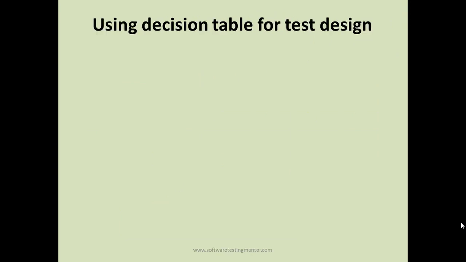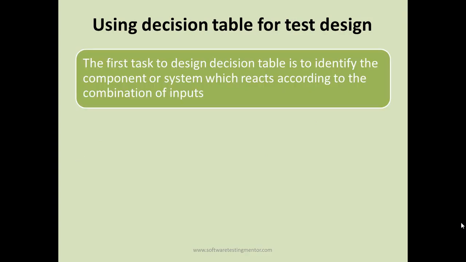So using decision tables for test design, the first task is to identify the component or system which reacts according to the combination of inputs. So the very first thing in decision table testing is to identify the component in the software which reacts based on different combinations of inputs.